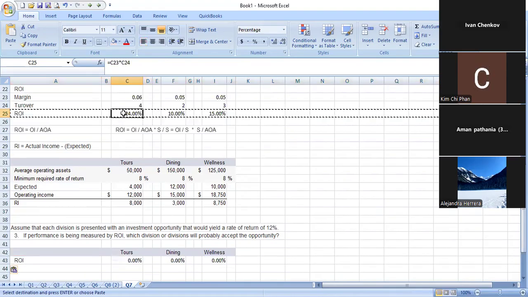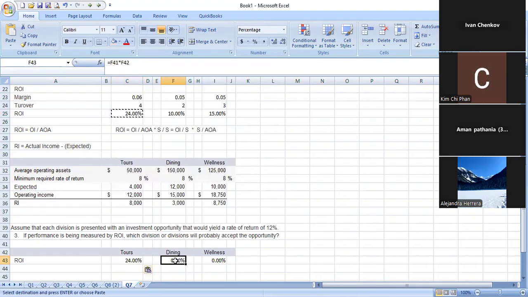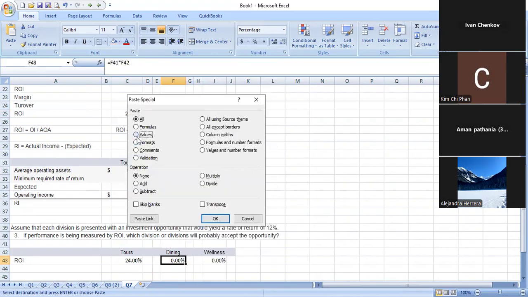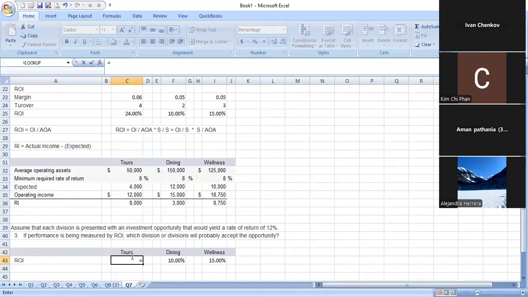But I'm going to paste it as numbers. Okay, I have my return on investment. Let's make it equal to this number, and in that case this one is going to read from the other one.